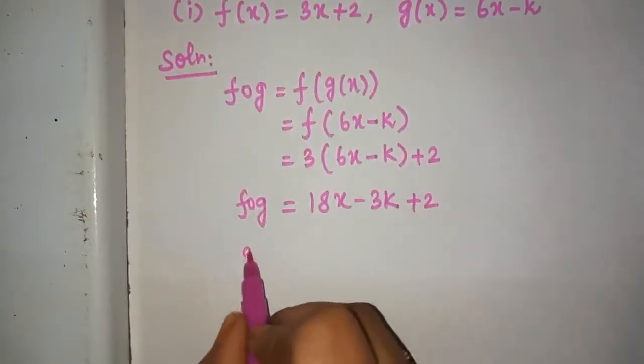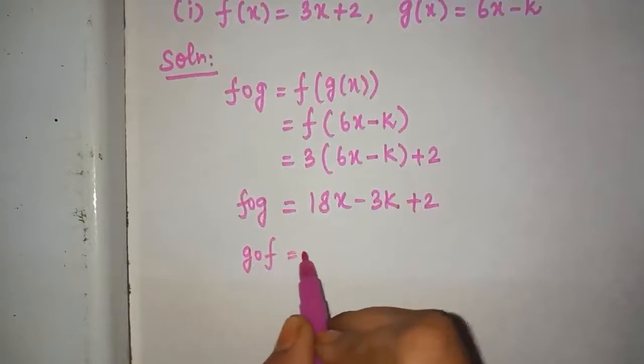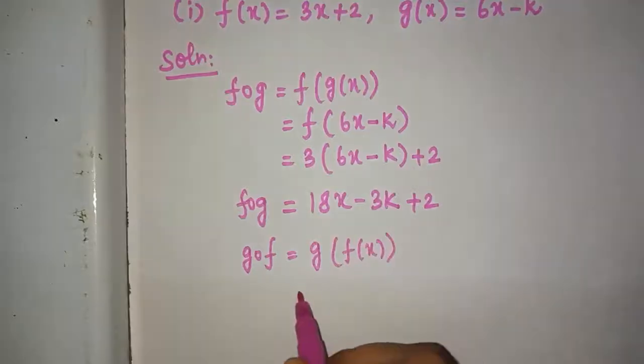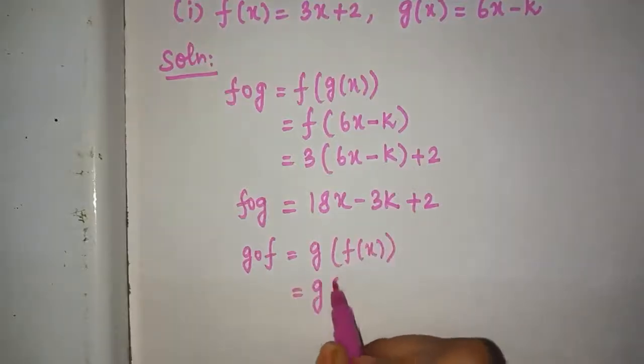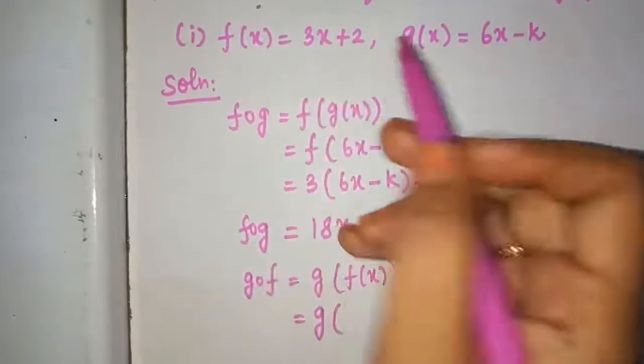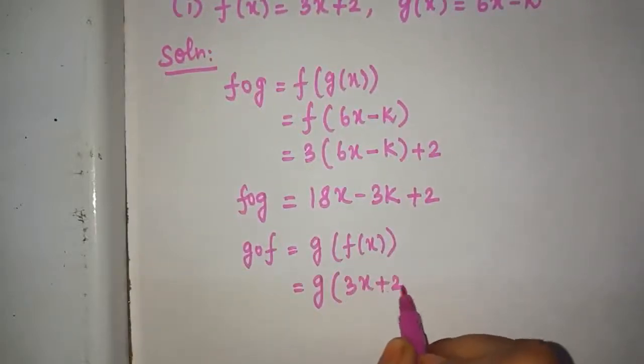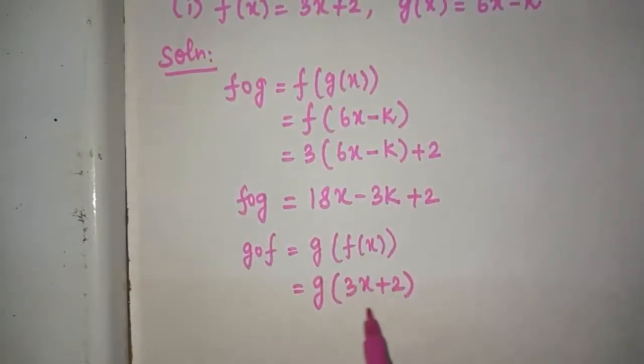Next you have to find g composite f. So g of f of x, which is equal to g of f of x value is 3x plus 2, which is equal to g of 3x plus 2. Next this whole will be your x.